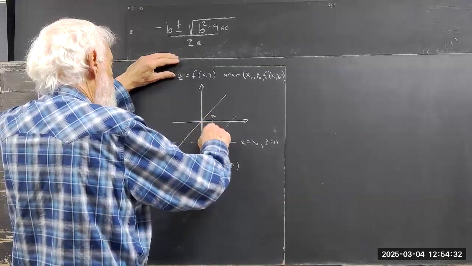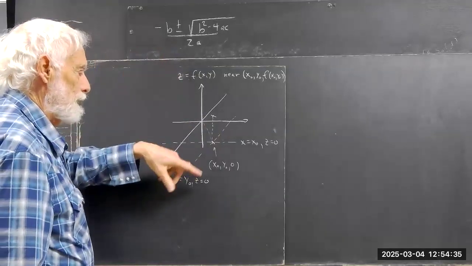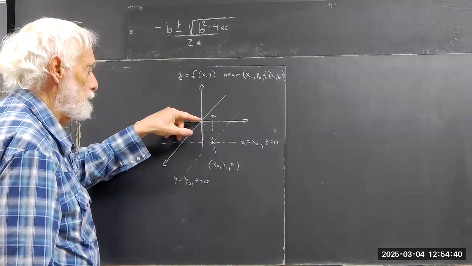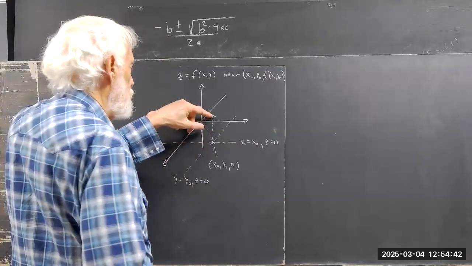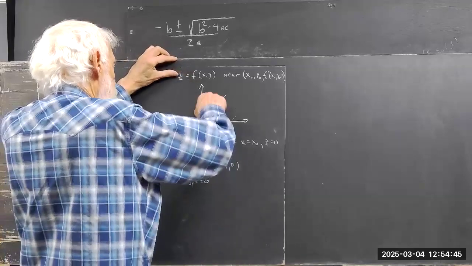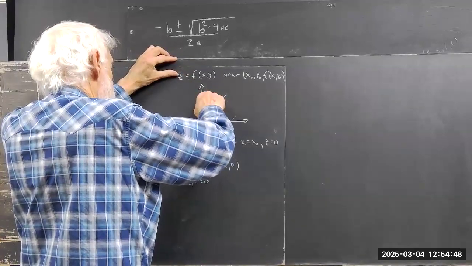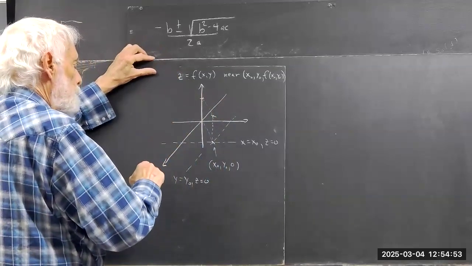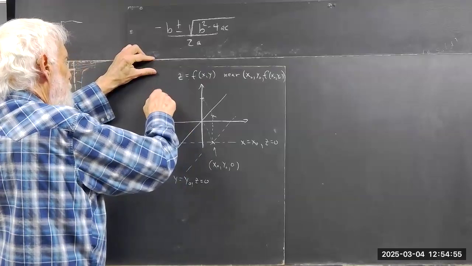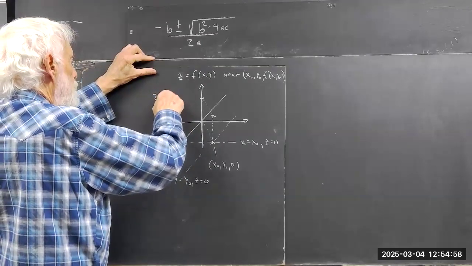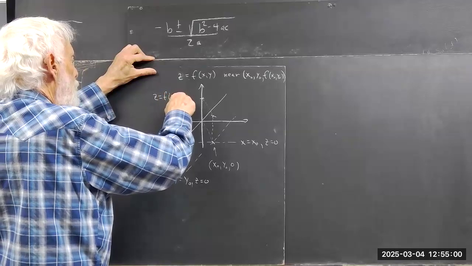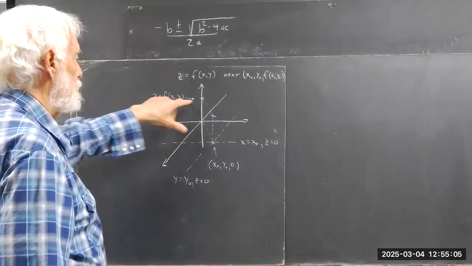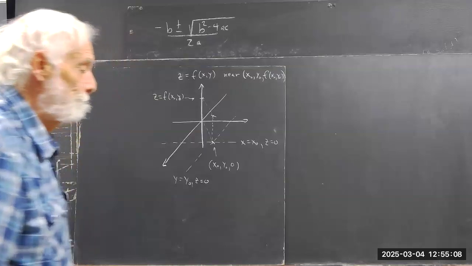And I can project that. If I go on the line segment from x naught, y naught, 0 back to the origin, then draw a line parallel to this line back to the z-axis, at a perpendicular, then at this point z equals f of x naught, y naught.